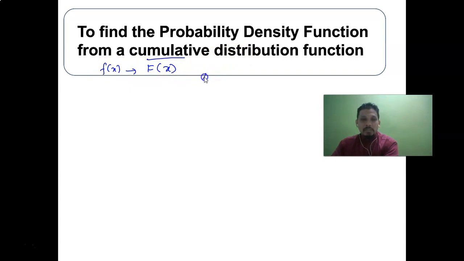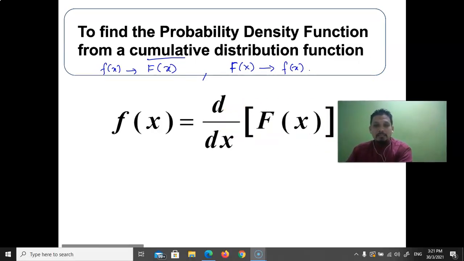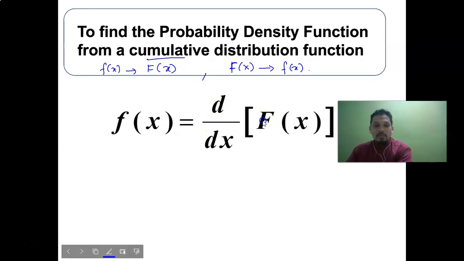Now, for this topic, when given the cumulative distribution function, it's our job to find out what the probability density function is, the other way around. So f(x) equal to the derivative of the cumulative function F(x) with respect to x.